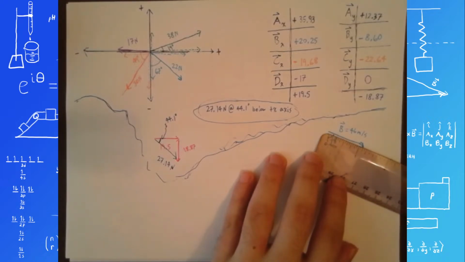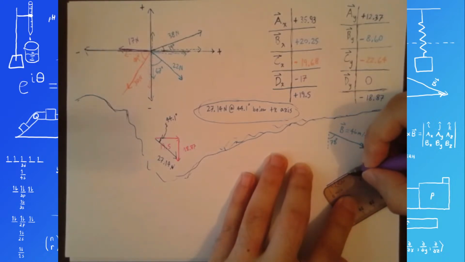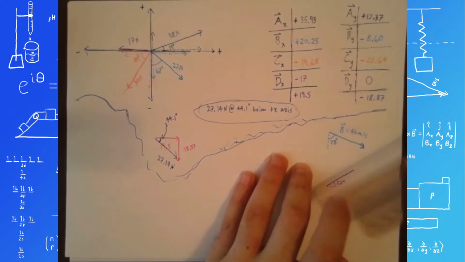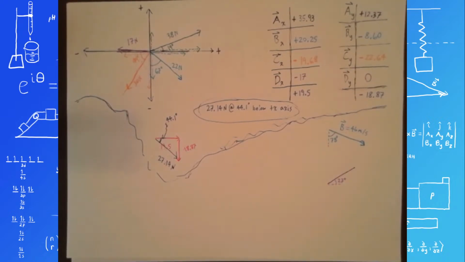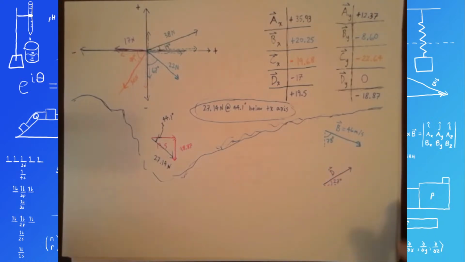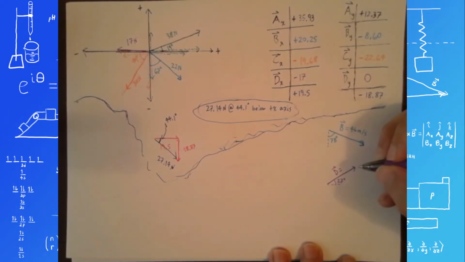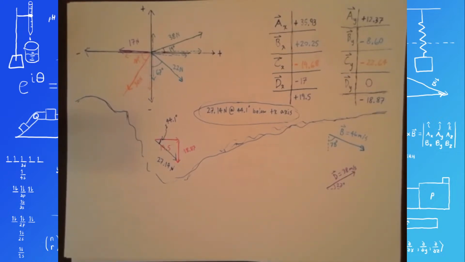How long is this? About 1.25 inches, so I'll draw this to be about 1 inch. That should be close enough. And that's vector D, which has a magnitude of 38 meters per second. Okay.